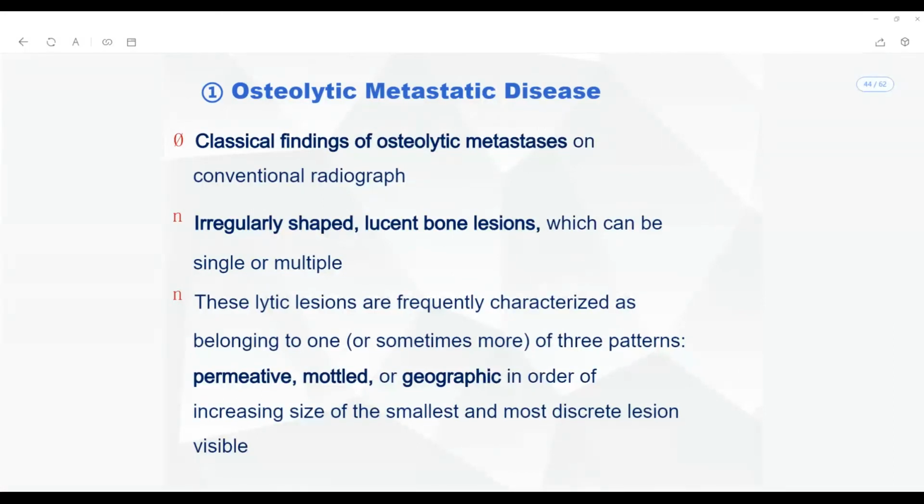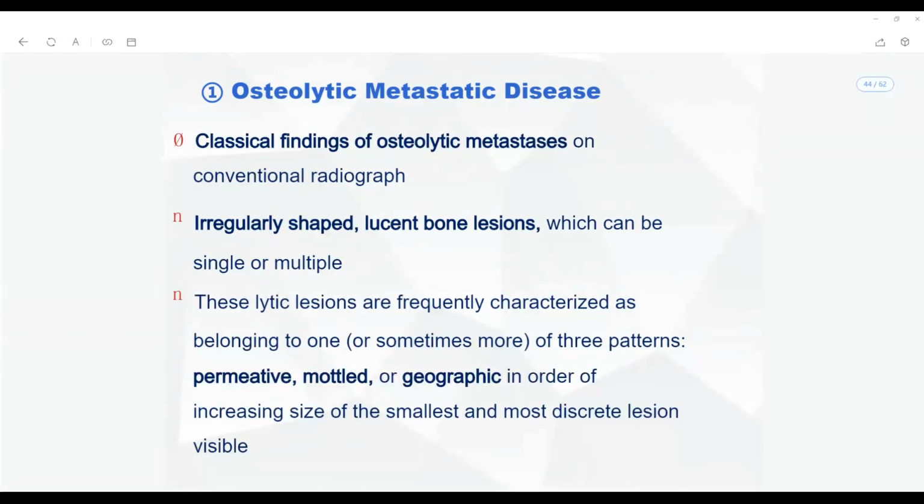Did you understand? Yes or no? So do not confuse these two conditions, right? Sometimes in the options, if you do not see Paget's disease, you can choose multiple myeloma, or the other way around. If multiple myeloma is not seen, you can choose Paget's disease.